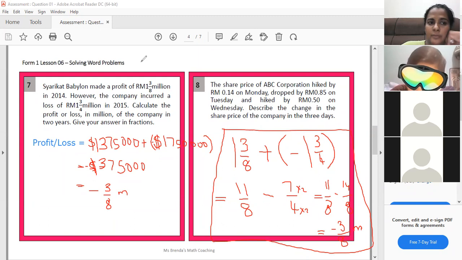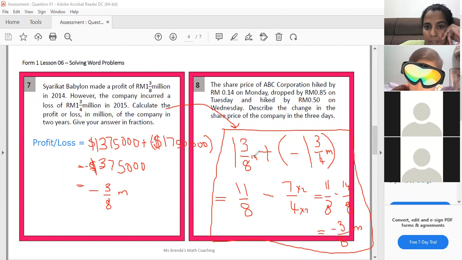Now, if I'm going to repeat this according to the fractions method, you take your 1 3/8 million plus with the loss, so plus with a minus 1 3/4 million. It will become 11/8 minus 7/4 equals 11/8 minus 14/8 equals -3/8. 11 minus 14 is -3/8 million.